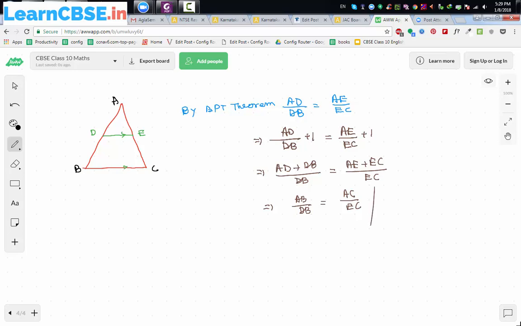You can prove it in the same way, but in place of DB you can write the other two sides, AD and AE. That also will work. That is AD by AB equals AE by AC. So let's summarize how many things we can write from this BPT theorem, or the Thales theorem.